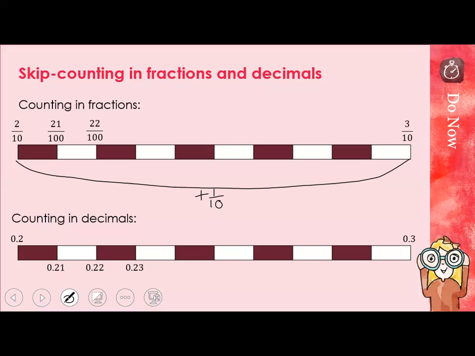So if the whole thing is equal to a tenth, what is just one of these sections equal to? Well done if you were able to identify that it's actually equal to 1/100th, because I've taken a tenth and split that tenth into 10 equal parts. So each of those will be 1/100th.